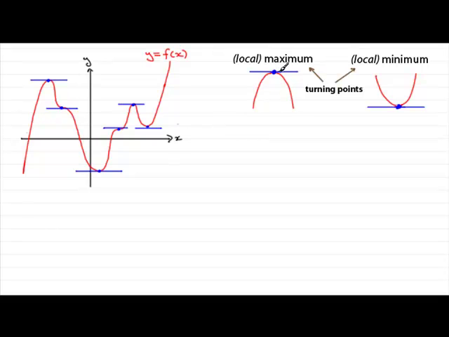Now these aren't maximums or minimums, so what do we call them? Well, they're called points of inflection. And you'll see that this particular point of inflection here is over here on the curve, and this one appears over here.